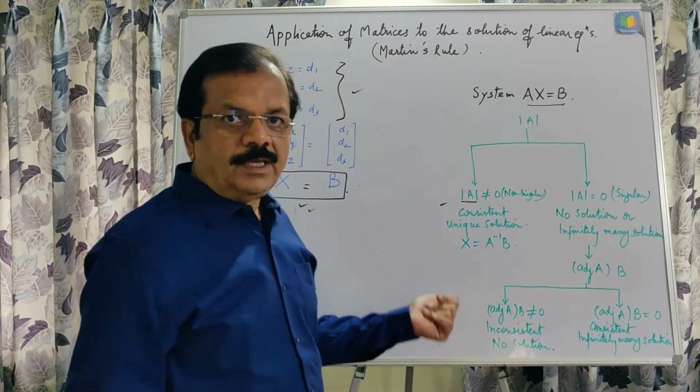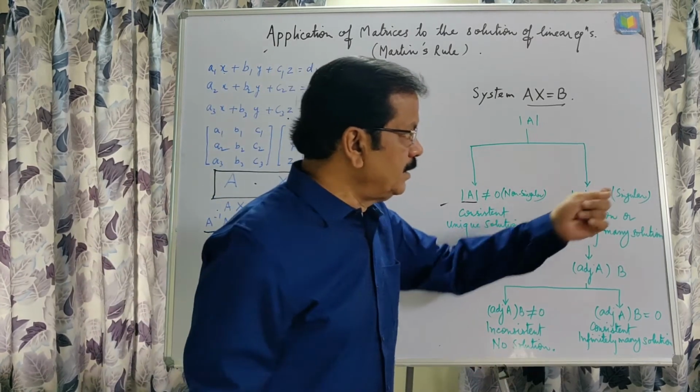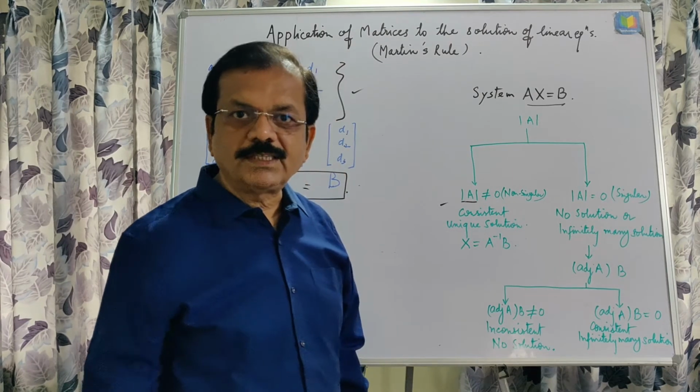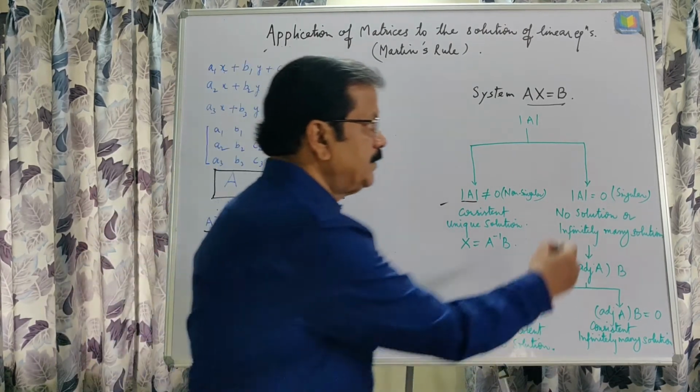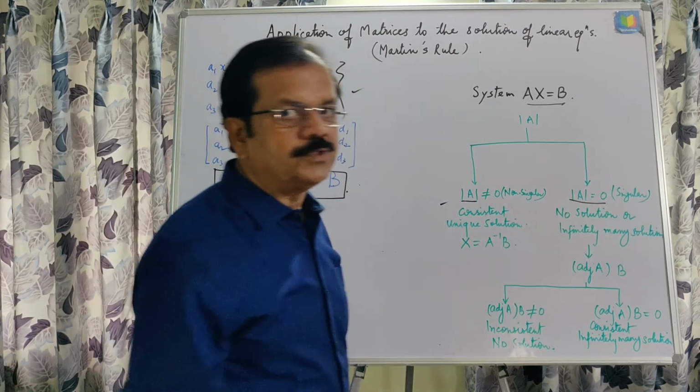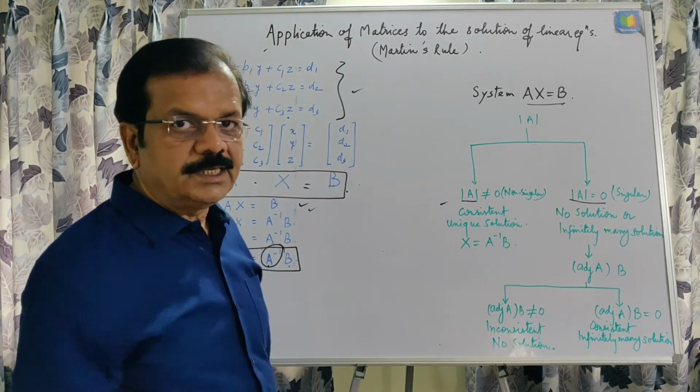Till now, after getting singular, we were just writing in the previous exercise that if the determinant of A is equal to 0, it means the inverse doesn't exist.